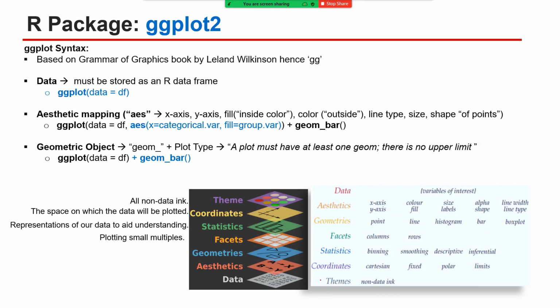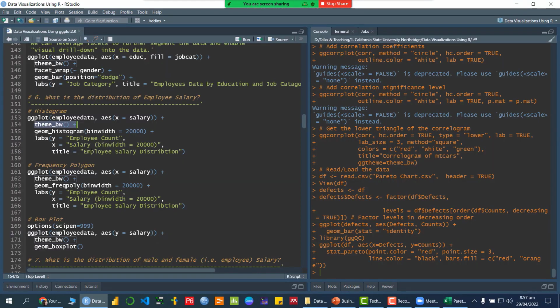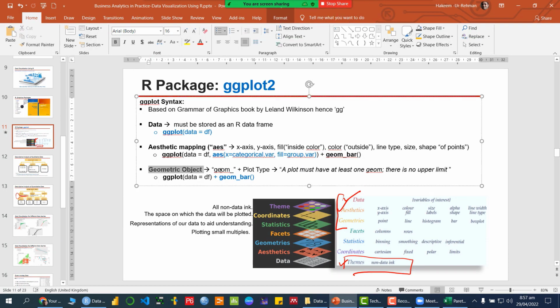As I told you earlier, these three things are compulsory in order to draw any type of chart. Till now in our command, we have mentioned the data and the aesthetics. Now we are adding the theme, and then I am adding the type of plot, which is the histogram. That is the third component, the geometric object, the type of the plot.